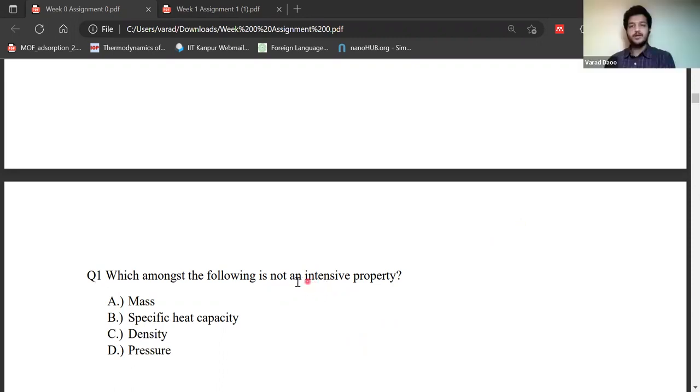Okay, Ashwin, remember, it is not an intensive property. That means we want an extensive property, the property which depends on mass. So take specific heat capacity. Let's say, for example, we have either 1 kg of water or half kg of water. The CP of water is going to be 4.18 kilojoule per kg per kelvin at room temperature.